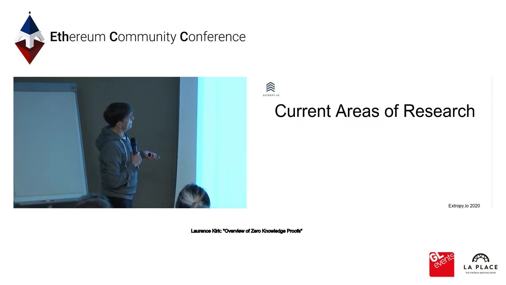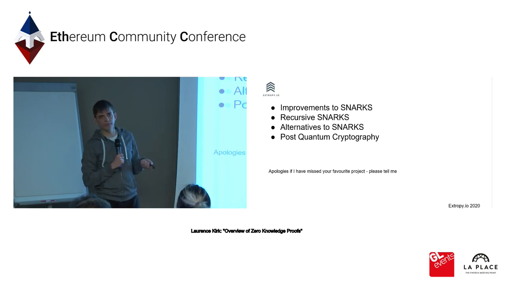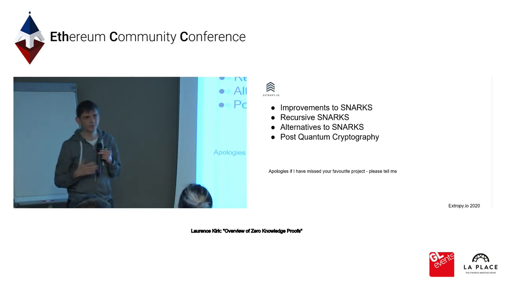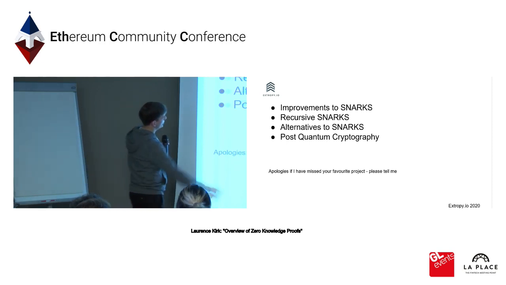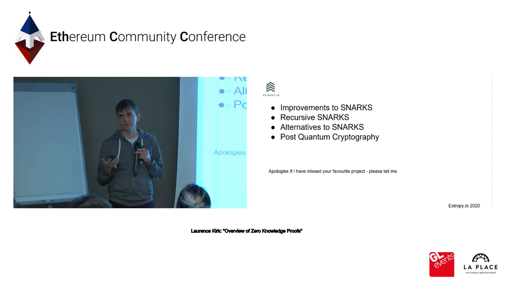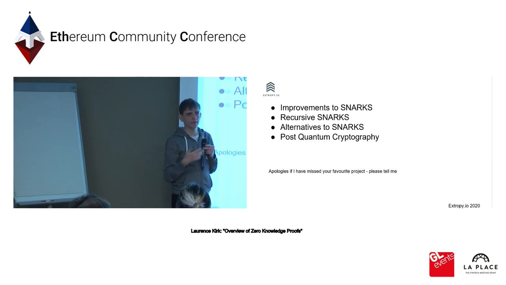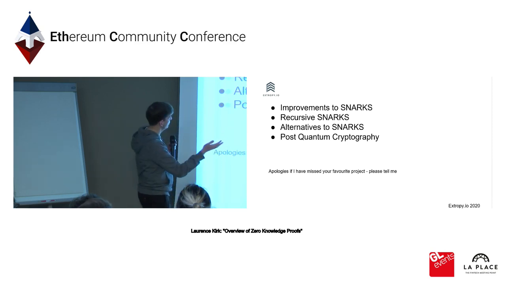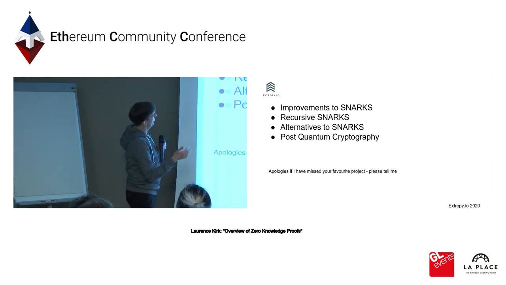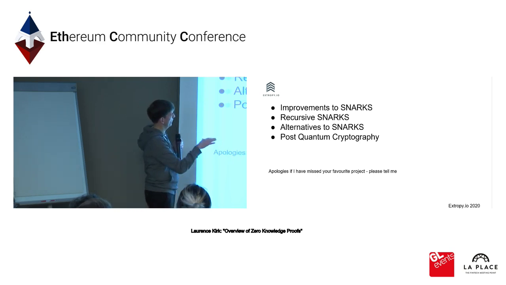So, current areas of research. I do apologise if I've missed your project or your area, so please do tell me, and I can add it to the slides. I try to think of it in four areas. SNARKs are perhaps the leading or most popular way of looking at zero-knowledge proofs at the moment, and there have been some projects that improve the way they are used. Also, recursive SNARKs are starting to be looked at, and that's quite a fundamental area of research.